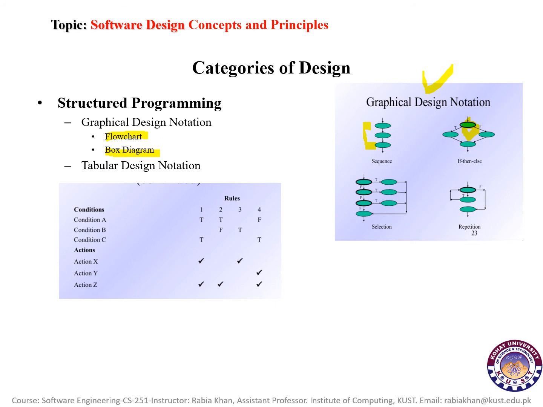The first structure is the sequence of instructions, which shows the sequence as two processing boxes are connected by lines of control. Here you can see this is the sequence when different boxes are connected in a sequence.